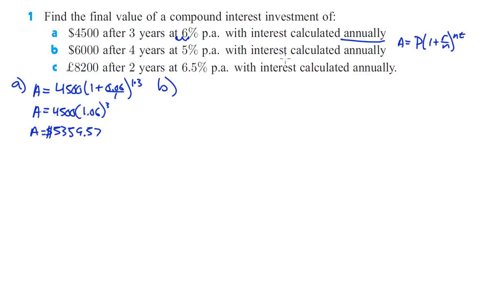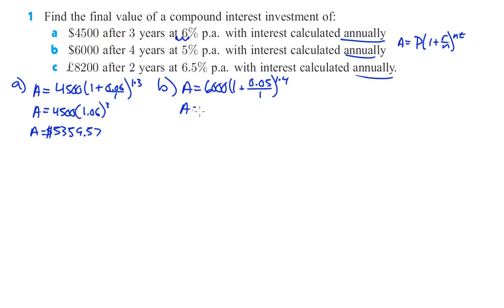6,000 after 4 years. So again, same idea, with all three of these really are the same idea here. So we'll just plug in our original investment, 6,000 times 1 plus 0 point, and that's going to be 0.05, that's 5%. All of these are calculated annually. So, and that's 1 times 4, because there's 4 years.